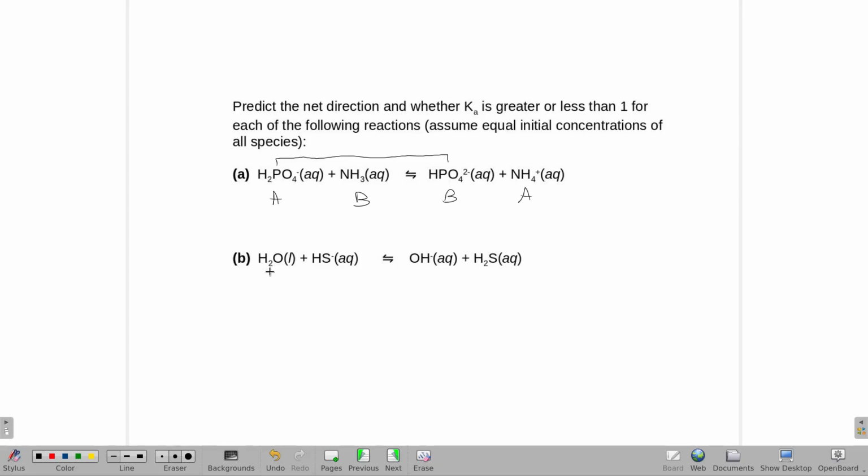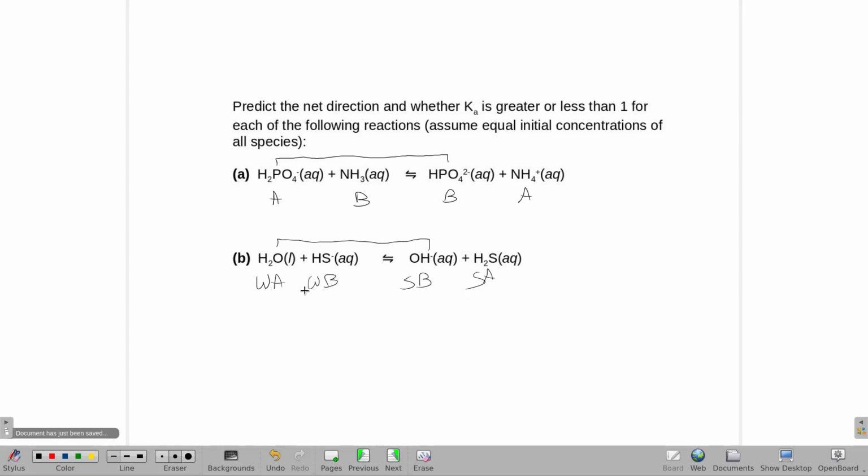We can definitely make a call down here because I see water. I know that's the acid and this is the base. This must be the weak acid because water is always the weak acid or the weak base. These must both be the weak, and these must both be the strong. It's going backwards.